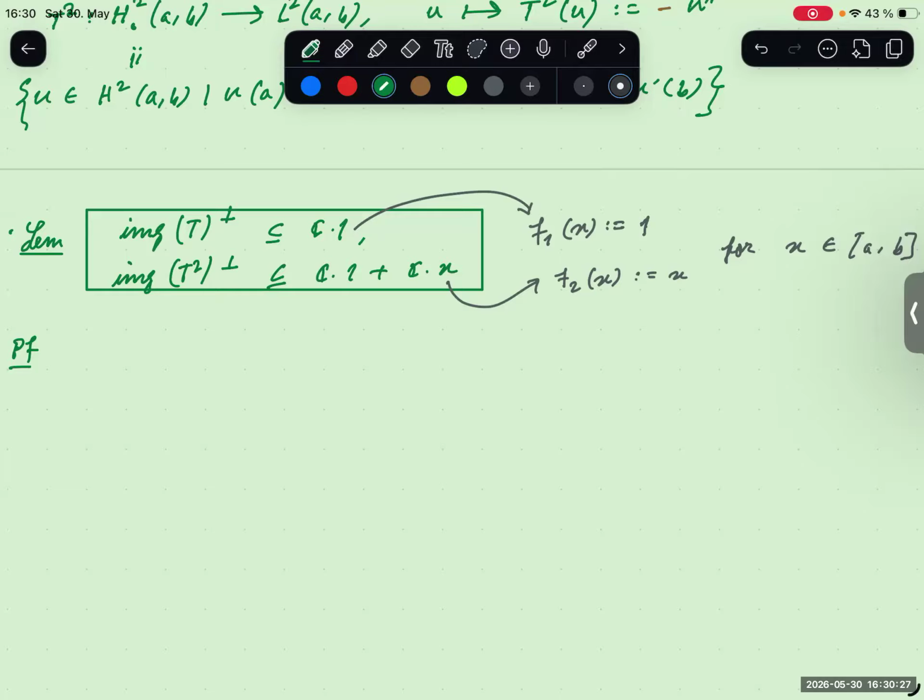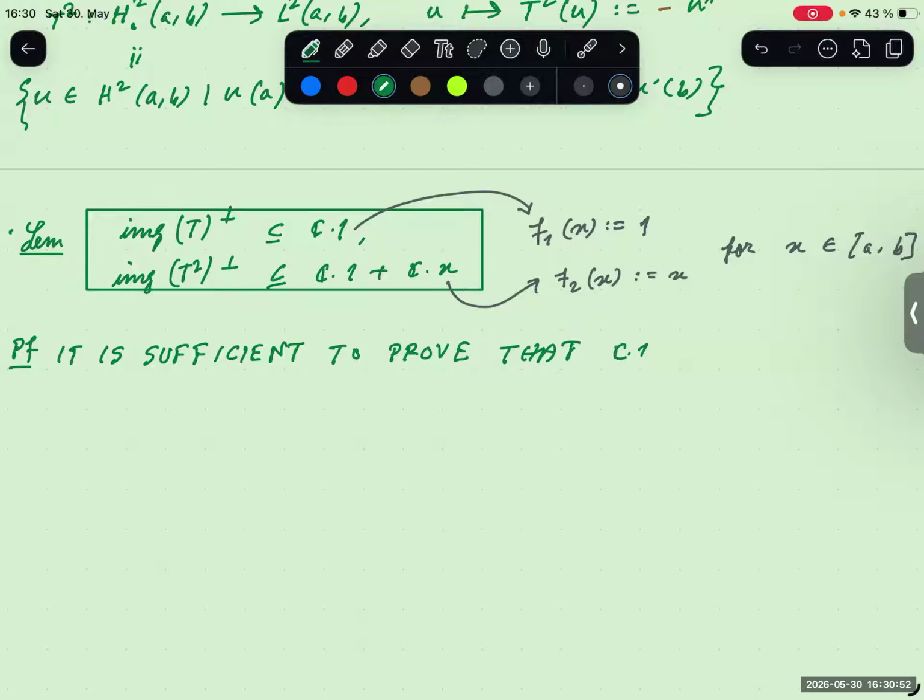By the property of orthogonality, it is sufficient to prove the other way around.